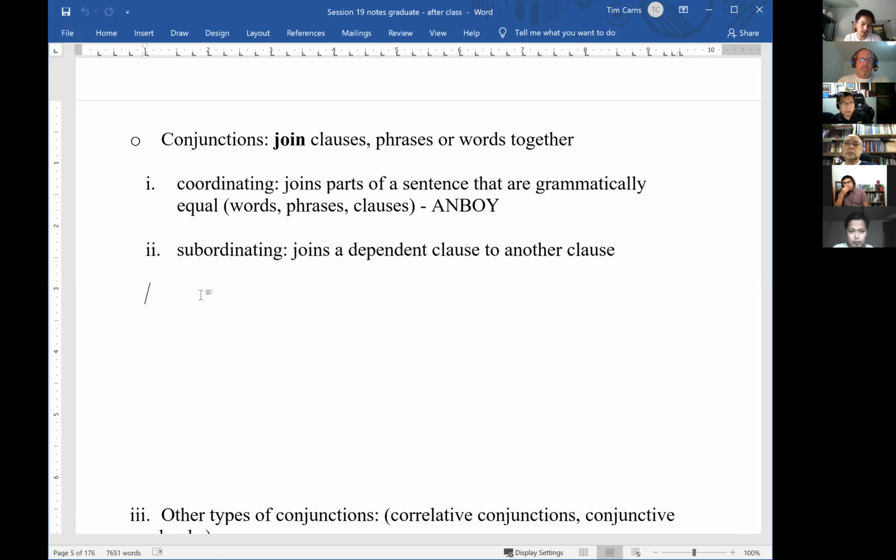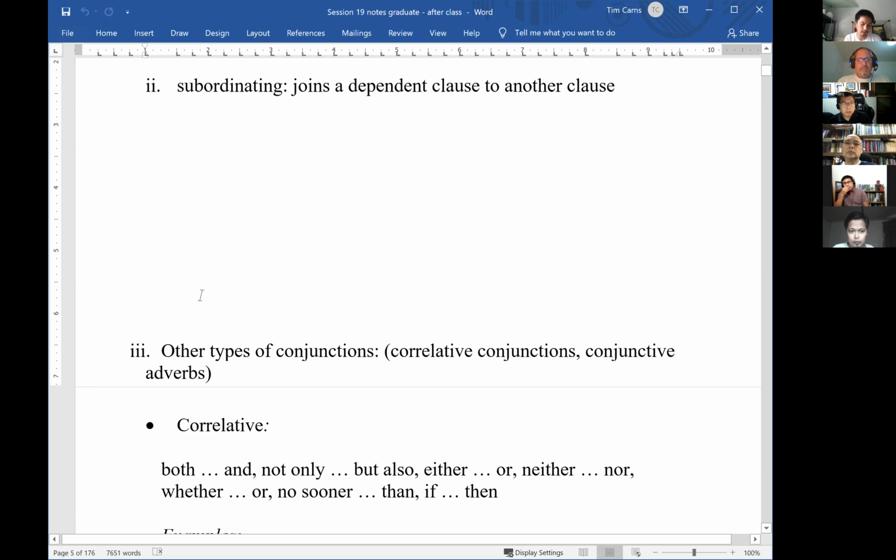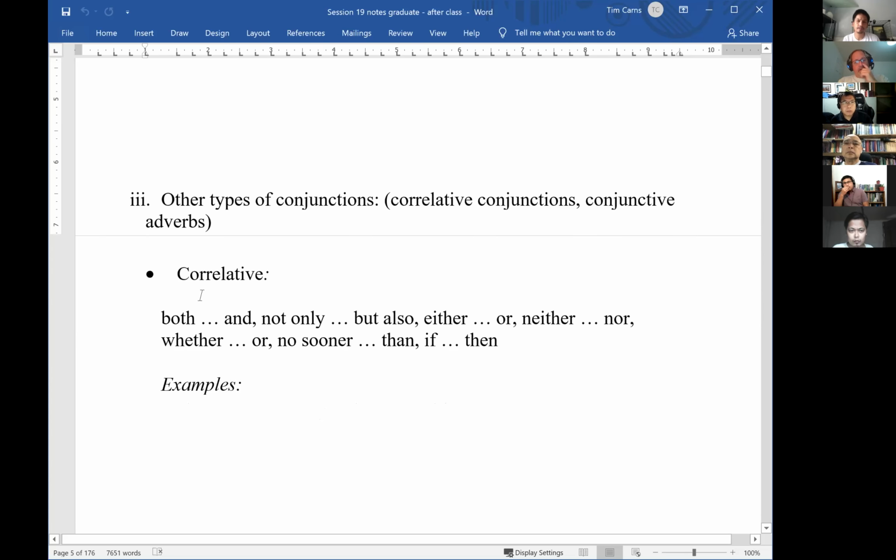One of those groups is called the correlative conjunctions. We came across that in one of our passages earlier. And these correlative conjunctions are essentially just a pair of words that are connected together, and that together have a conjunction type of function. So they're called correlative conjunctions for that sense.